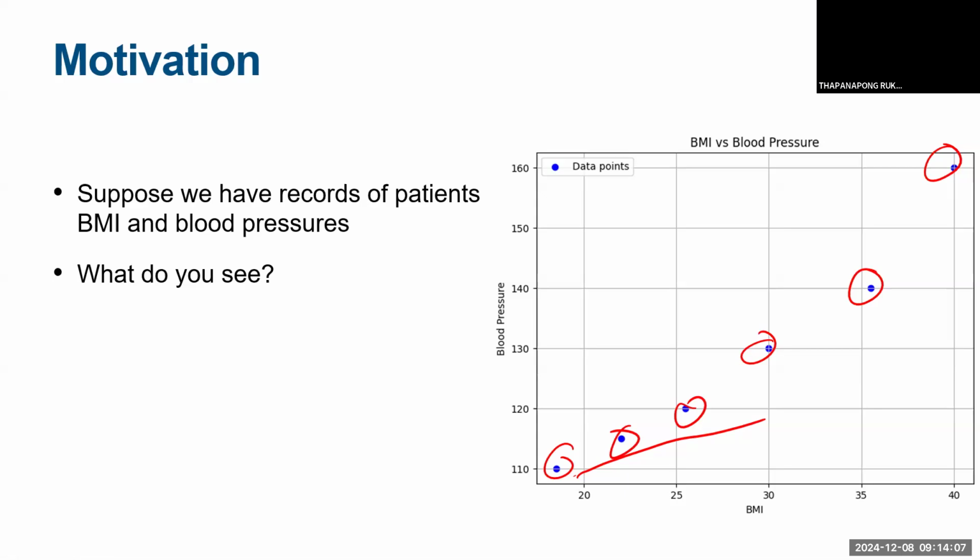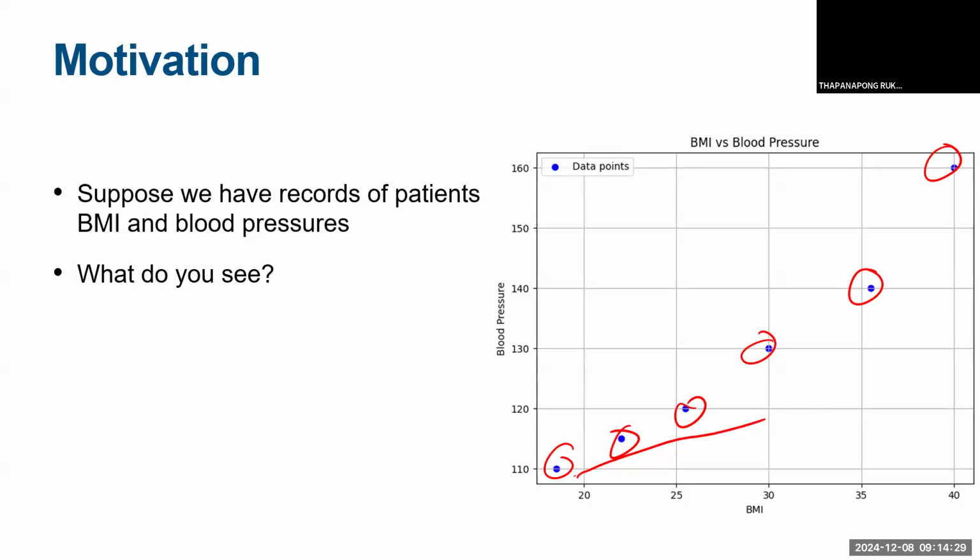So what can you tell about this data? As the BMI increases, the blood pressure also increases, right? That is the immediate thought when we see this kind of data.